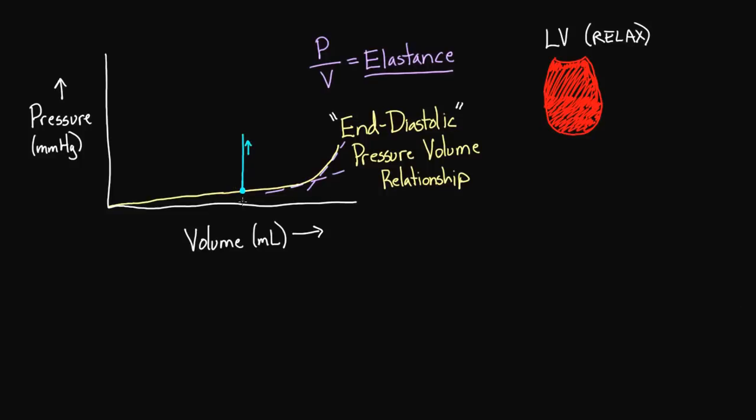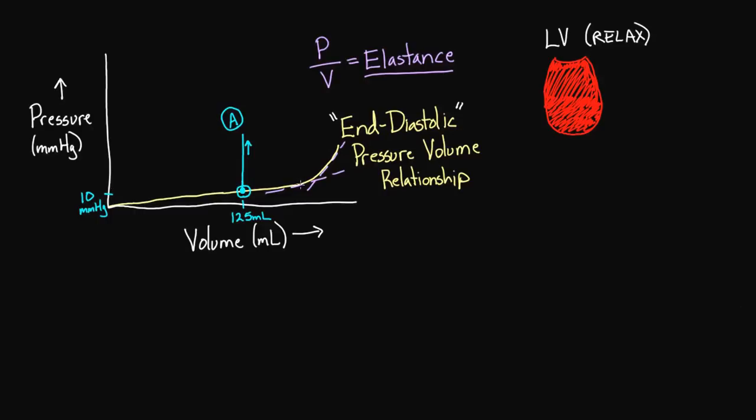So if I say this is end-diastole, right? Because of course for this situation, let's call it situation A, diastole just ended at that point. What was the volume? And let's say the volume is 125 milliliters. And let's say the pressure is 10 millimeters of mercury, right?